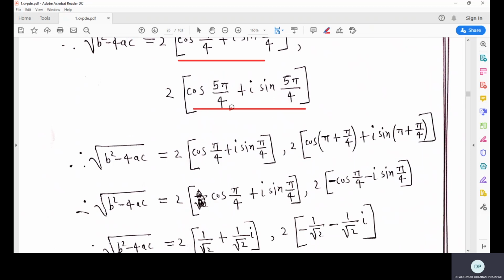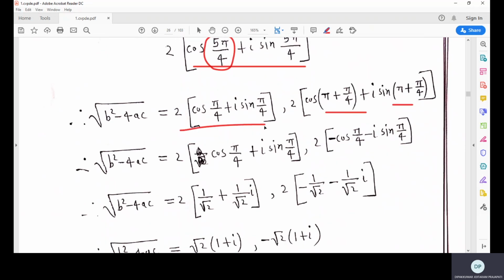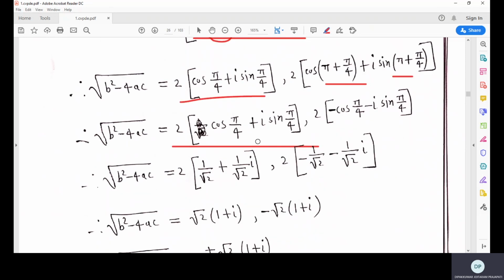Now to find this, we rewrite 5 pi by 4 as pi plus pi by 4. Pi plus pi by 4 means we are in the third quadrant, so cosine is negative, and we obtain minus cos pi by 4. Similarly sine is also negative in the third quadrant, so we obtain minus i sin pi by 4.